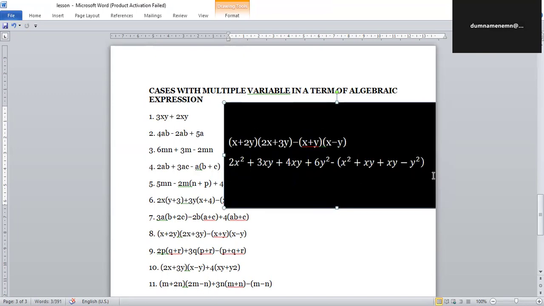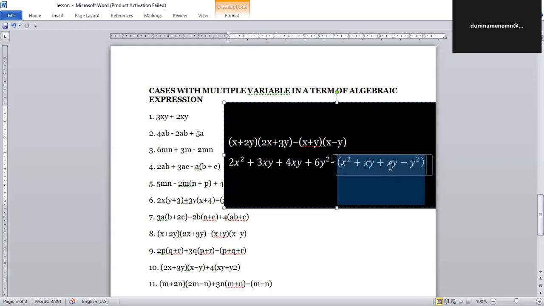All right, so we are done. Now, this is how you're going to handle this negative sign. So this negative sign is going to multiply every single term in this bracket. Is that okay? So this is how you're gonna do it.